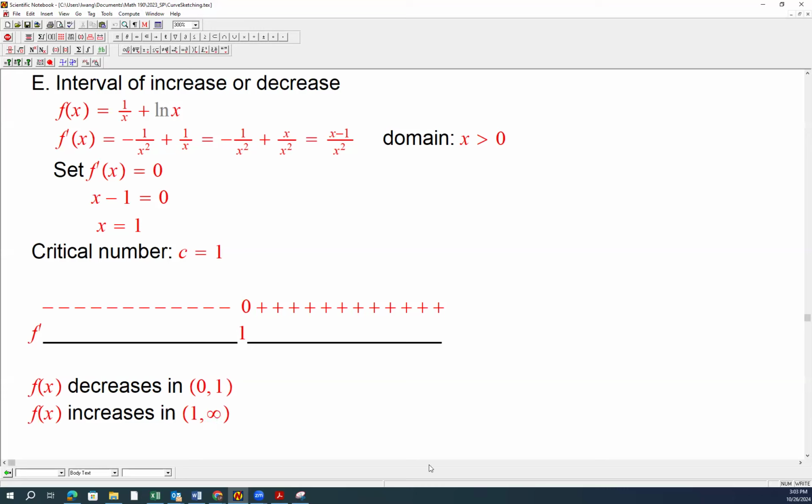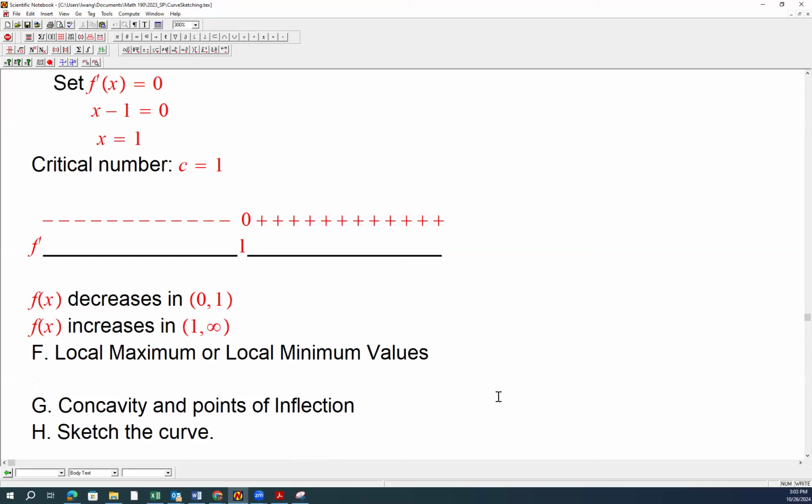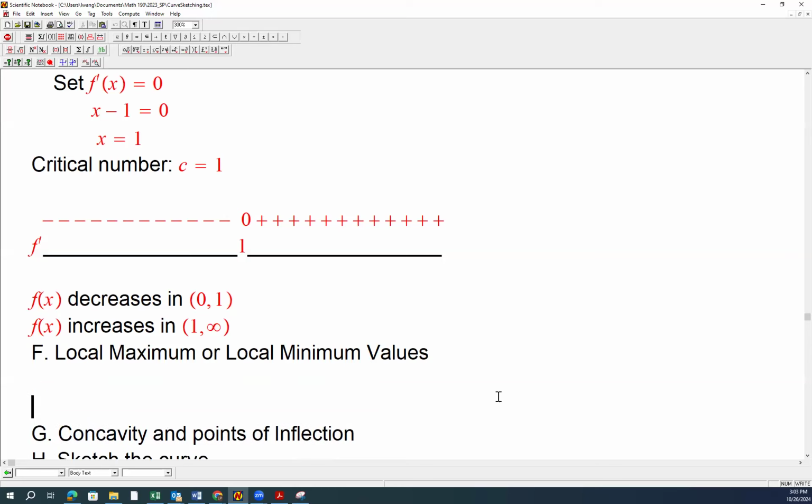And here we go, we already have a local minimum. We don't have a local maximum. So we have a local minimum by the first derivative test.